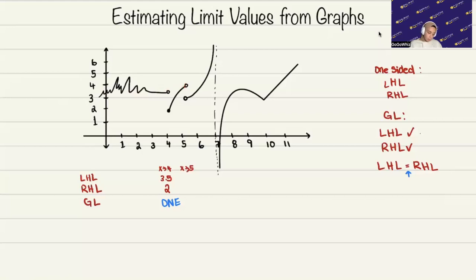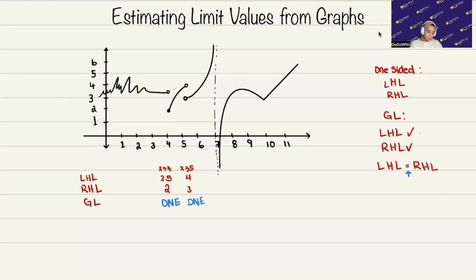So the y value approaches 4, so that's my left-hand limit as x approaches 5. And then the right-hand limit: as x approaches 5 from the right hand, it looks like I'm approaching 3. Now, again, we can see that they're both not the same values. So then again, my general limit does not exist.